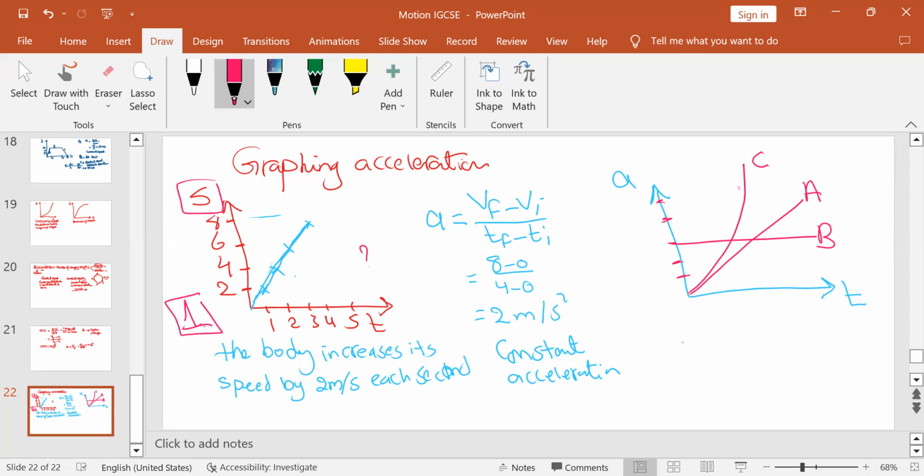Here, the acceleration is not increasing. The body is increasing its speed with a uniform rate, meaning constant acceleration.